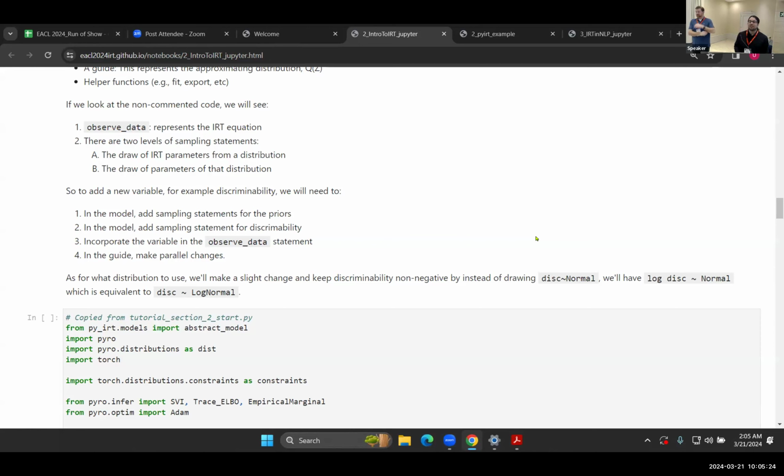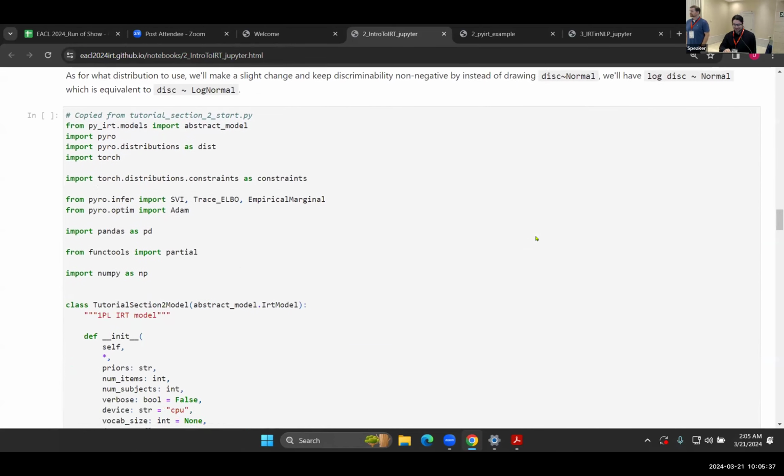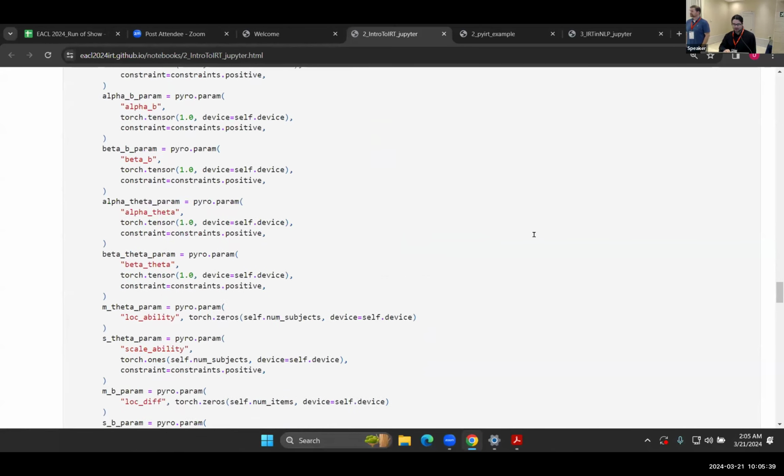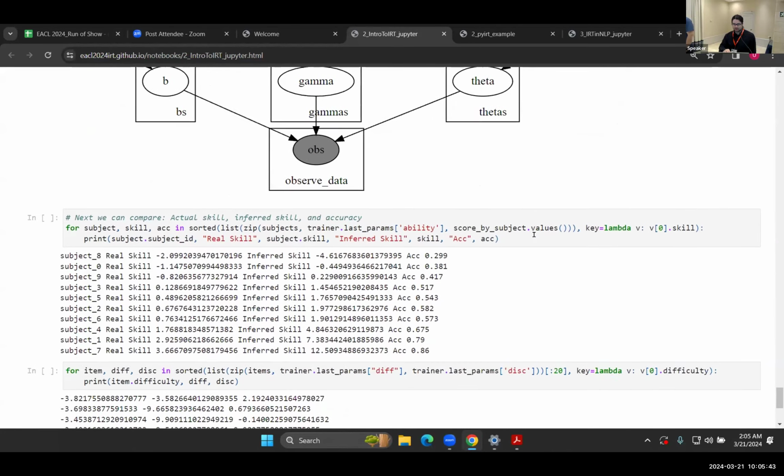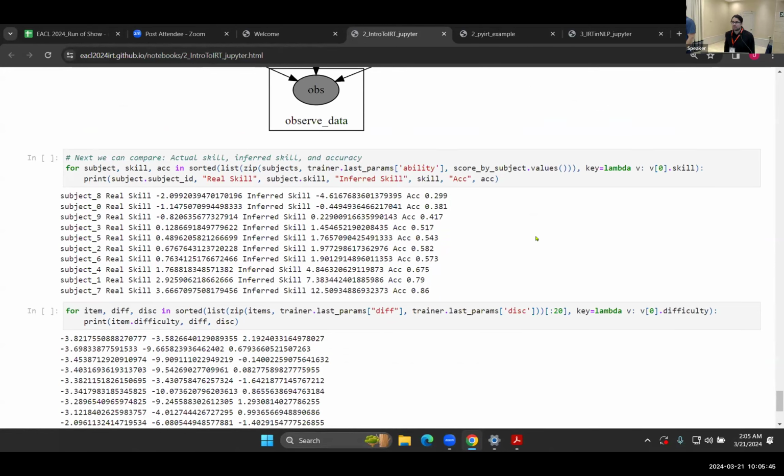This one. Sorry, you see the estimate of the real scale and the inferred scale, you have some stars, right? That's unavoidable, but it's larger for some models.